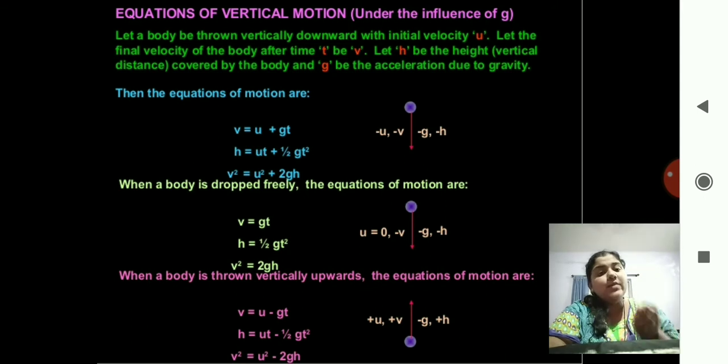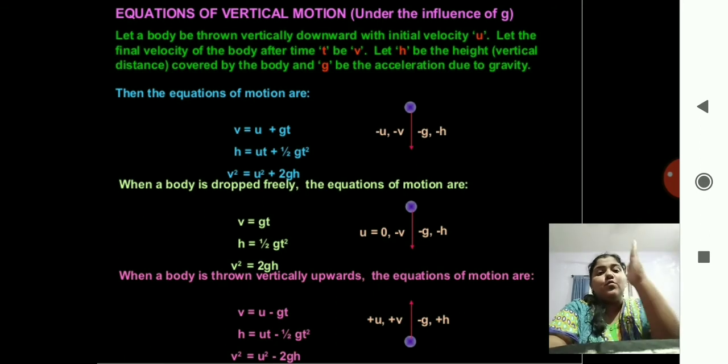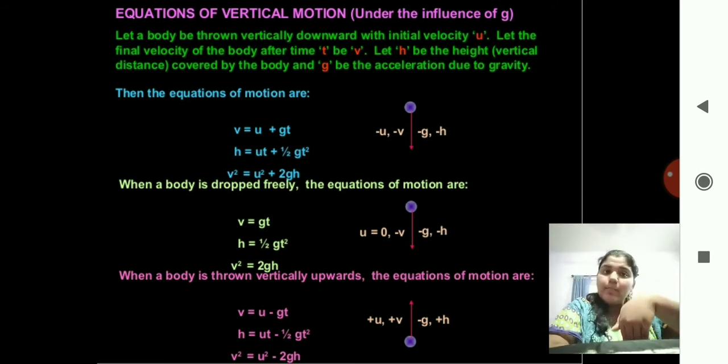That is, u will be there and v will be 0 now. So v is equal to u minus gt. Why minus gt? Because we are acting against the gravitational force, correct? The ball is going against the gravitational force. If it is coming down, then it will be plus gt.